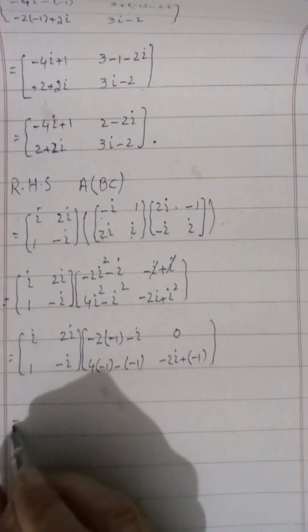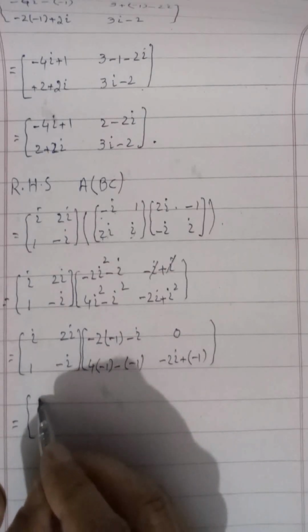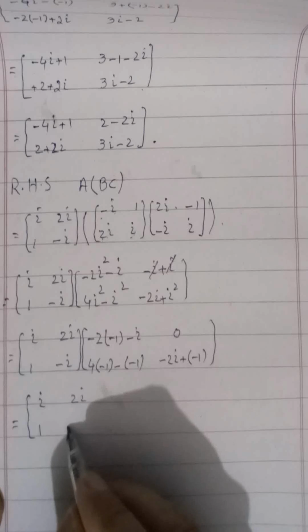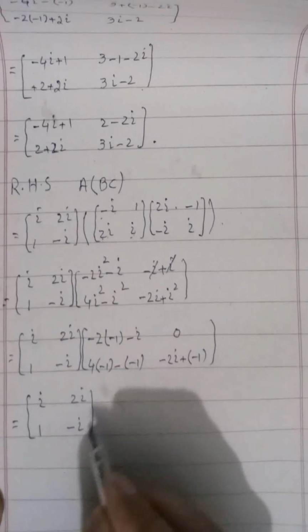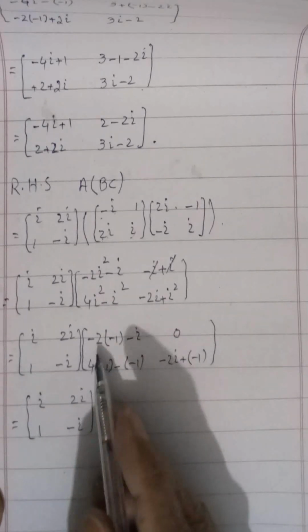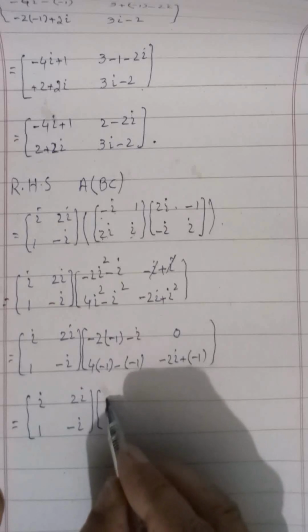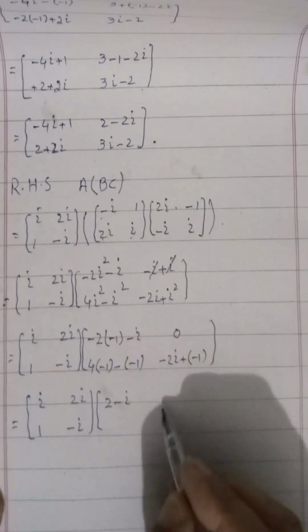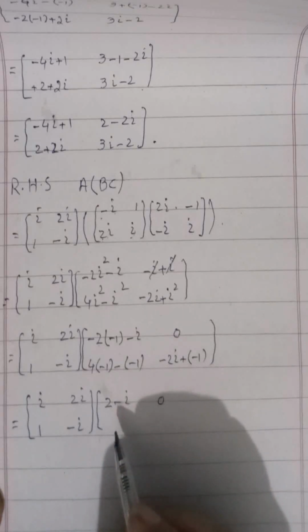Now we simplify further. We get iota, 2 iota, 1, minus iota. And here we get minus 2 multiplied by minus 1 is equal to plus 2 minus iota. And here is 0.